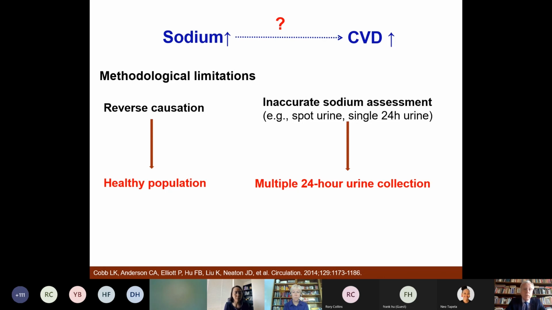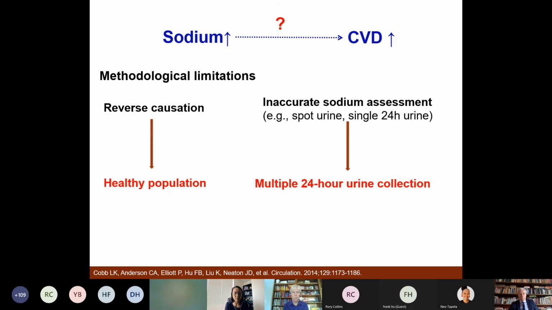And the other issue is the inaccurate sodium assessment, such as the use of spot urine and a single 24-hour urine. And to address this, it is important to assess sodium intake using the most reliable method of multiple 24-hour urine collections. However, it is challenging to collect 24-hour urine, let alone multiple ones.